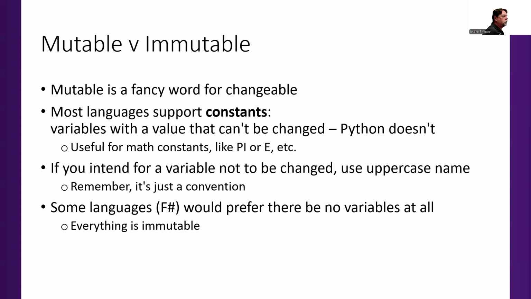I haven't found much use for it, but in languages like F sharp, everything is immutable. If you declare something, it's got that value forever. You can never change it. You can create a new thing and put a different value in the new thing, but you can't change the value in things that already exist. They're completely immutable for weird esoteric computer science reasons. But anyway, there it is.